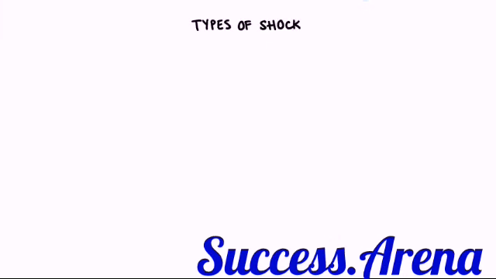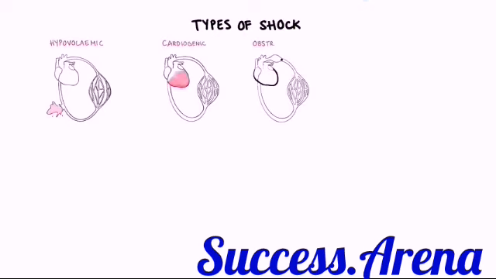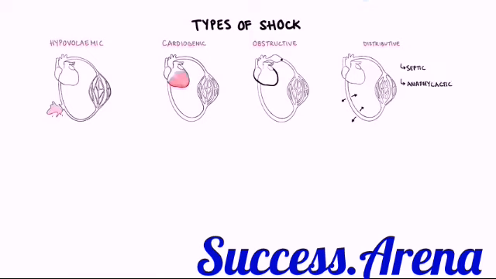There are many types of shock. Shock can be divided into 4 main types: hypovolemic, cardiogenic shock, obstructive shock, and distributive shock. Distributive shock is further divided into septic shock, anaphylactic shock, and neurogenic shock.